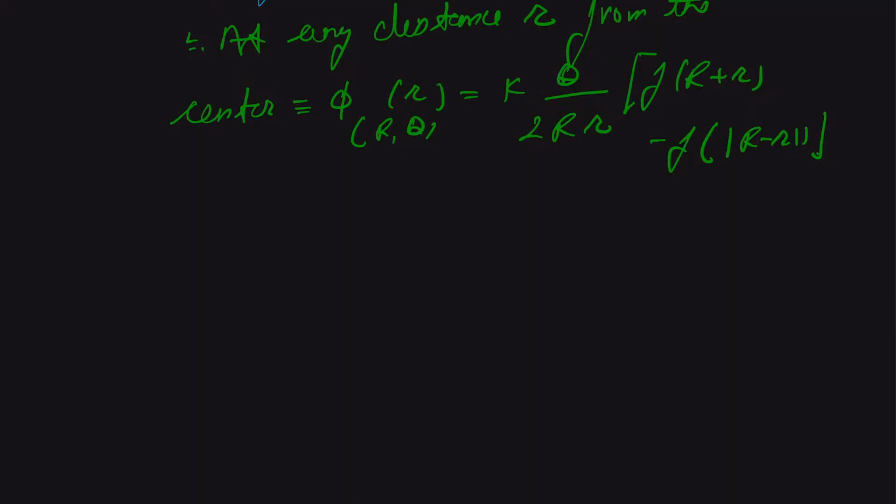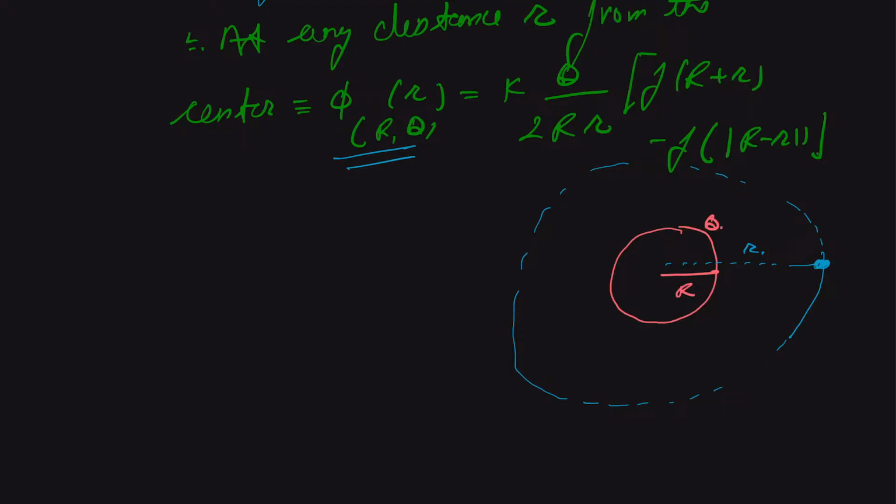Basically it means that we are having a shell whose radius is capital R and charge is capital Q. We consider a point somewhere here, at a distance of r. Obviously, you can just draw a circle with respect to it. The potential at this particular point is represented as phi of r.